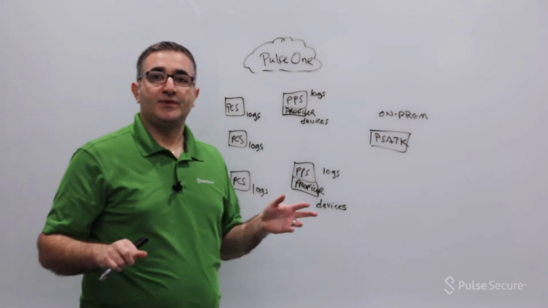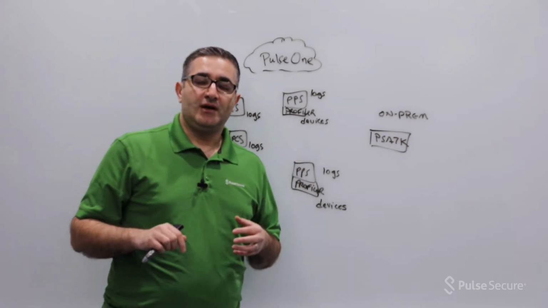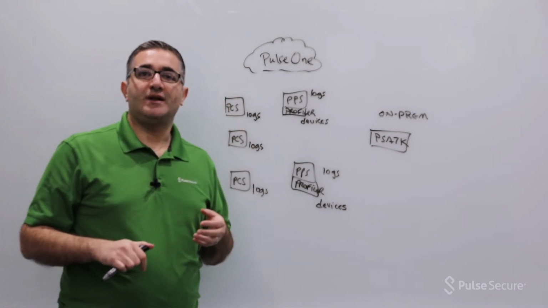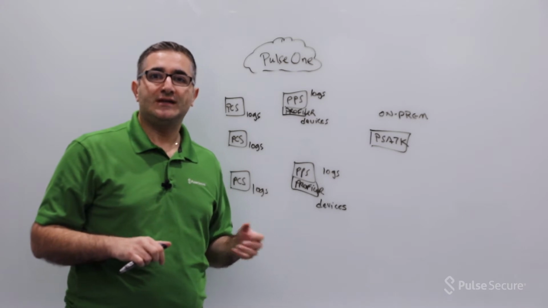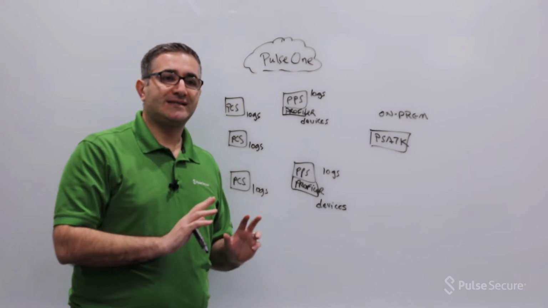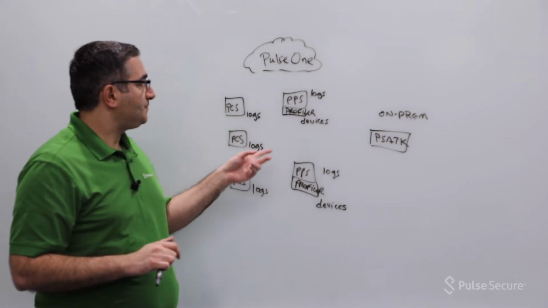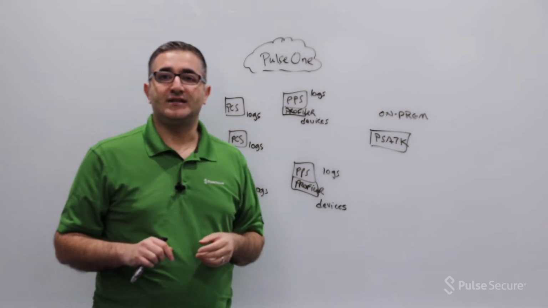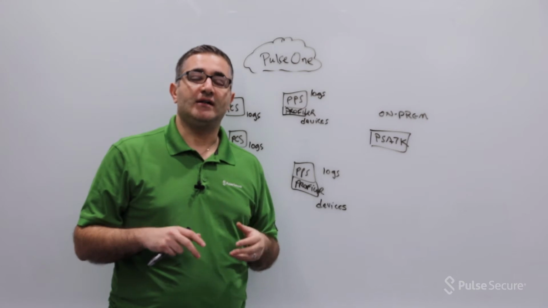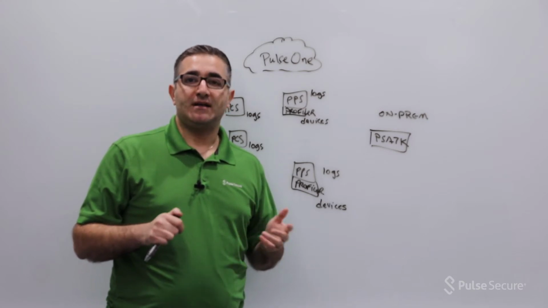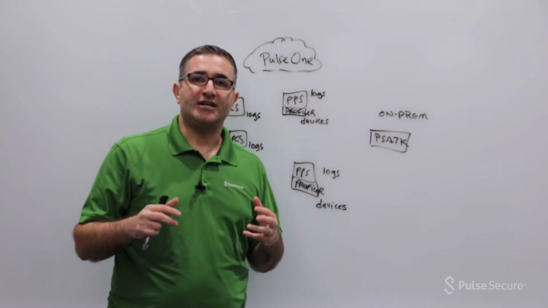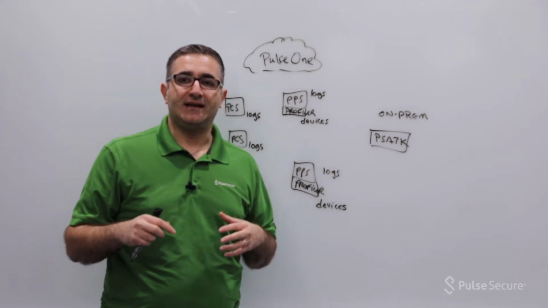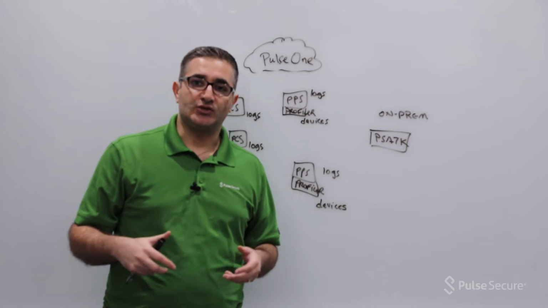Typically, without any type of log aggregation, you would have a syslog server, you would have a SIEM, something you're using, where you would aggregate all that stuff and then search it. But for profiling, the devices that we profile, you may not be exporting, or you might be exporting a log, and the log has all the data you need, but it's not in a format that's easily consumed.